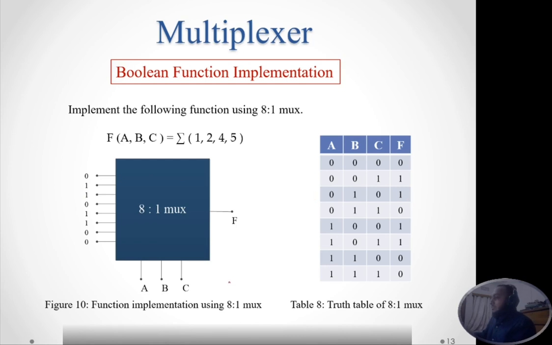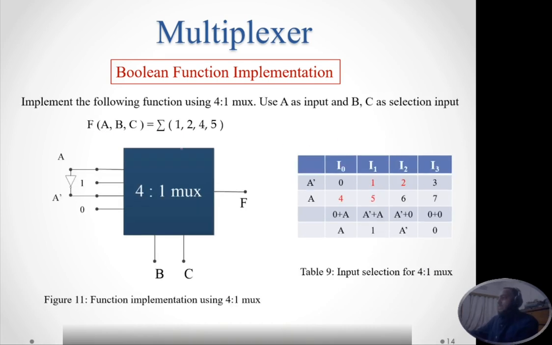Similarly, if we choose the pattern 110, we should get the 7th input in the output, which is 0. And in the truth table we can see for 110 we should get 0. So in this way we can implement a 3 input function using an 8:1 mux.